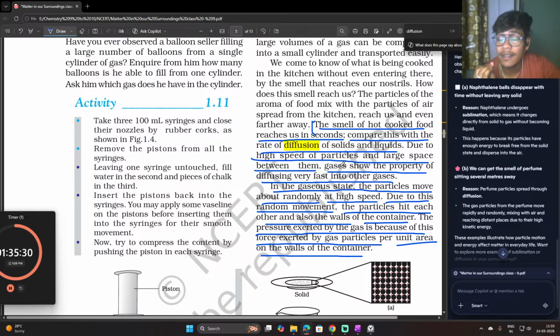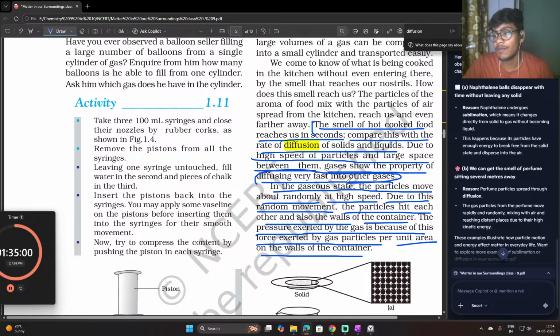In gases the particles move freely with high speed, and the space between them is very big. That's why gas particles hit the wall. Due to high speed of particles and large space between them, gases show the property of diffusing very fast.